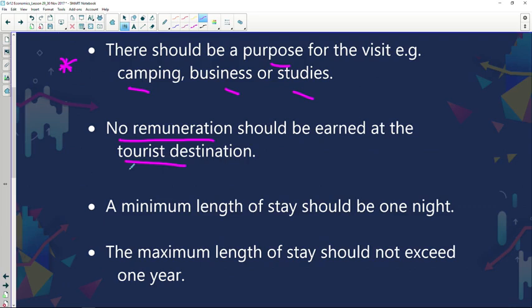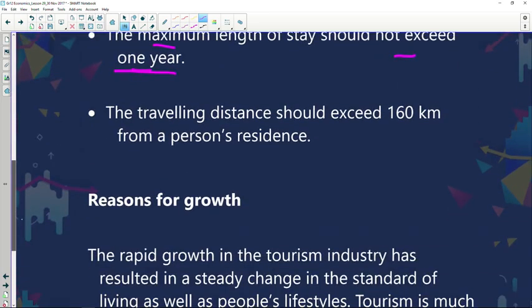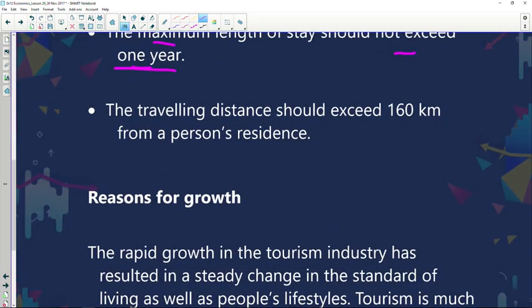A minimum length of stay should be 1 night, and a maximum length of stay should not exceed more than 1 year. So that's the important criteria that we looked at earlier on. And also the traveling distance should not exceed 160 kilometers from a person's residence. Okay, so this is just to reinforce what we discussed before the ad break.